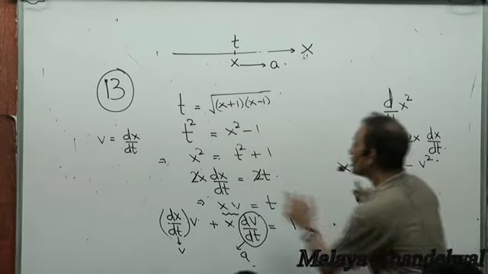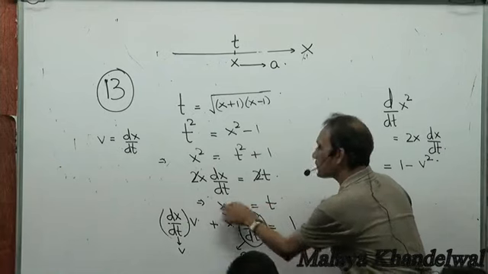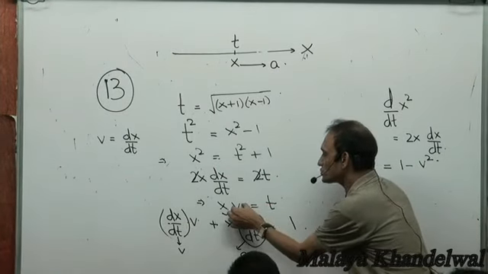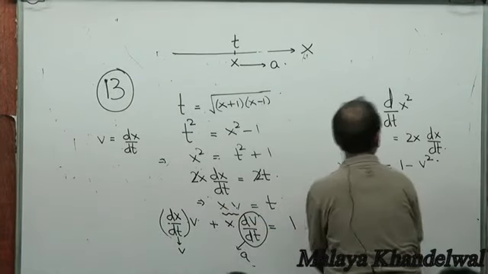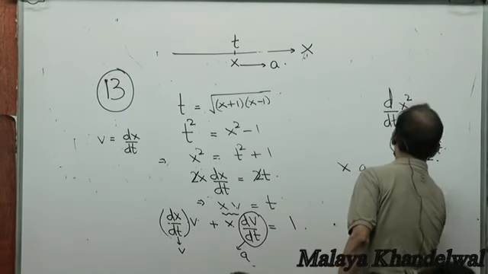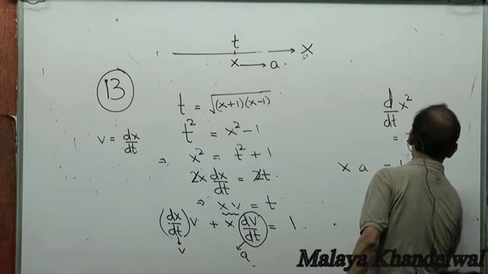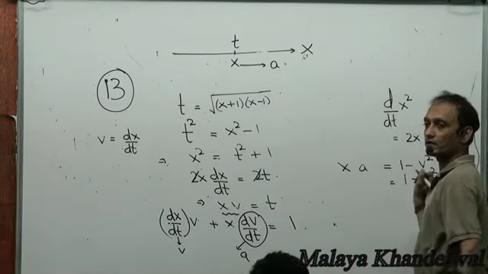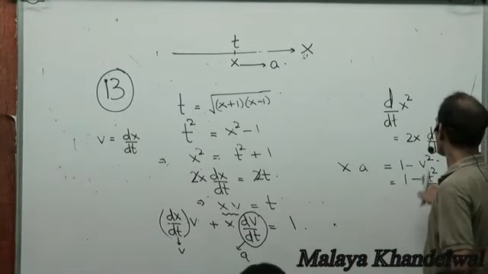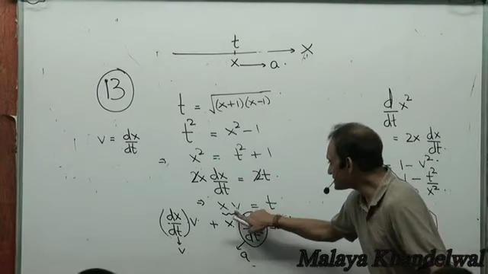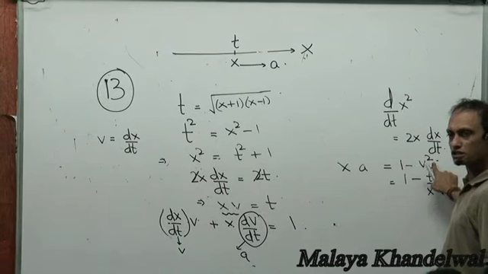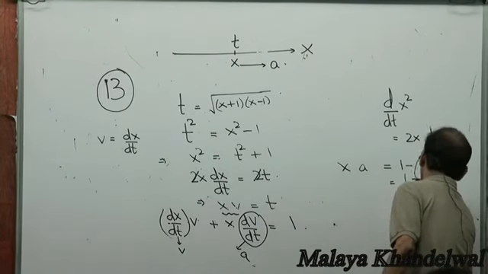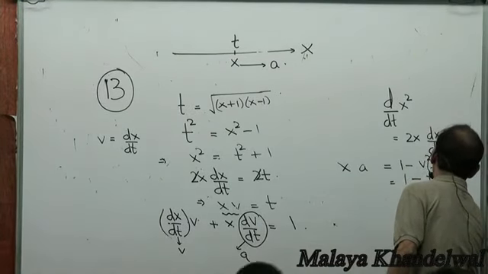But do you realize v squared is t squared by x squared, isn't it? This v squared I seek from here, t squared by x squared. I plug into this, so it's x squared minus t squared by x squared.